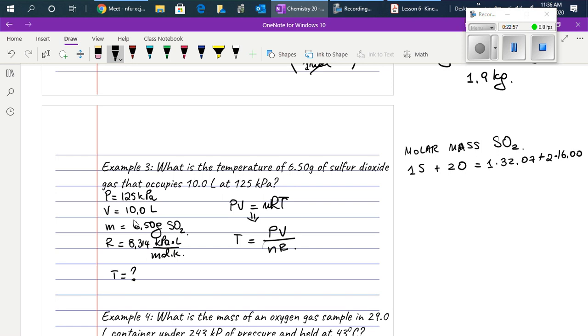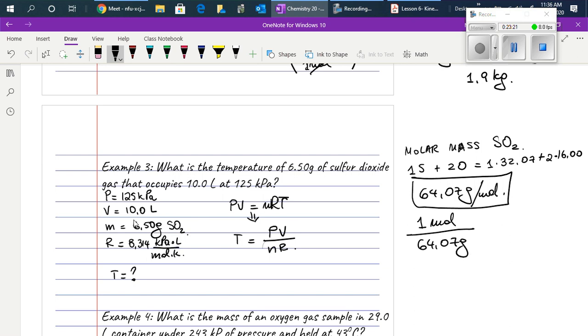So 32.07 plus 32 is equal to 64. Molar mass is 64.07 grams per mole. What this number means is that if we have 1 mole of sulfur dioxide, then we have 64.07 grams of sulfur dioxide, or if we have 64.07 grams of sulfur dioxide, then we have 1 mole of sulfur dioxide.